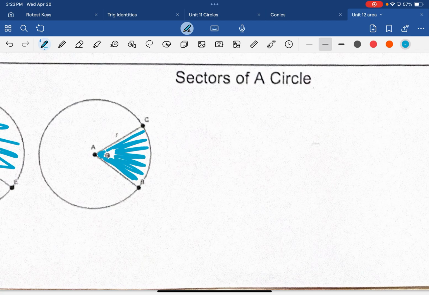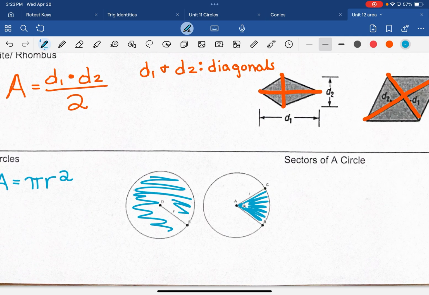Okay, so a sector of a circle is very similar to that arc length that we did last time, because instead of finding a piece of the circumference, we're finding a piece of the whole area. So the way that we're going to write this is we say area equals theta over 360, because we're going to figure out what proportion or what percentage of that is.